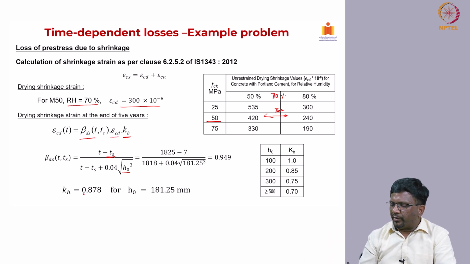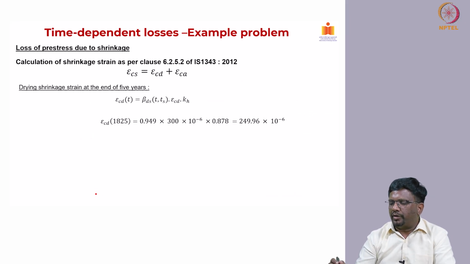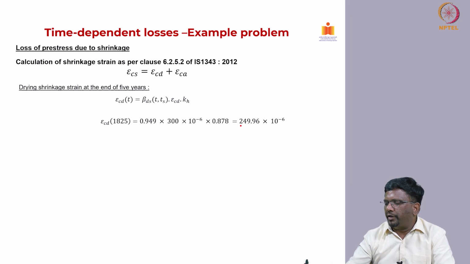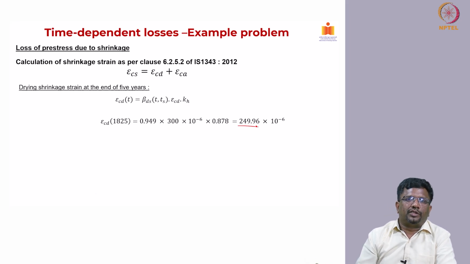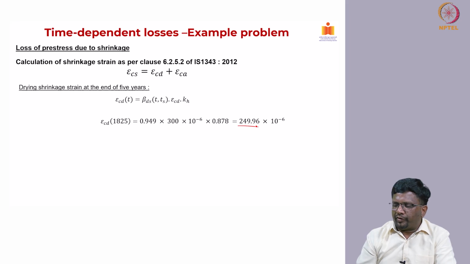And KH factor, I think previously we have calculated, works out to be 0.878. So, when you substitute all these values, you get your drying shrinkage strain as, instead of 300, about 250. So, you can see that even at the end of 5 years, you are pretty much getting close to 300. There is only a small 50 microstrain less, right. So, you get 250 microstrain.